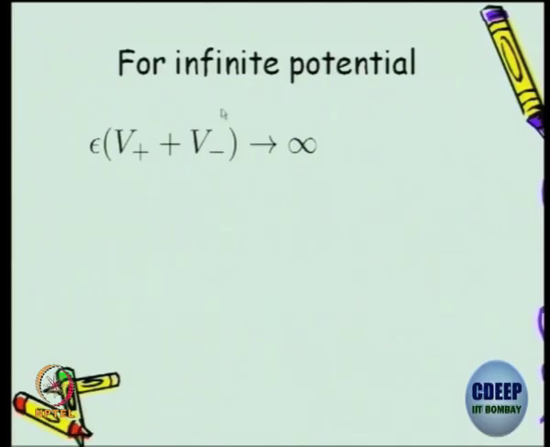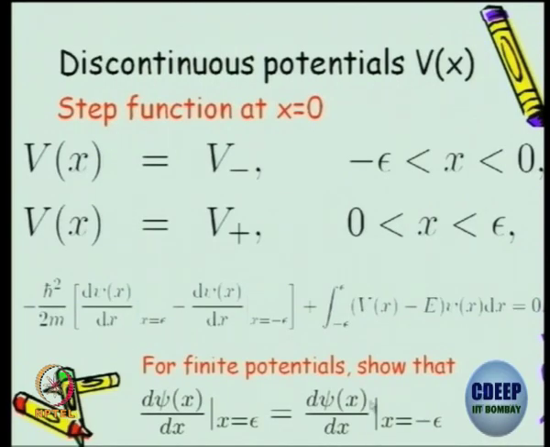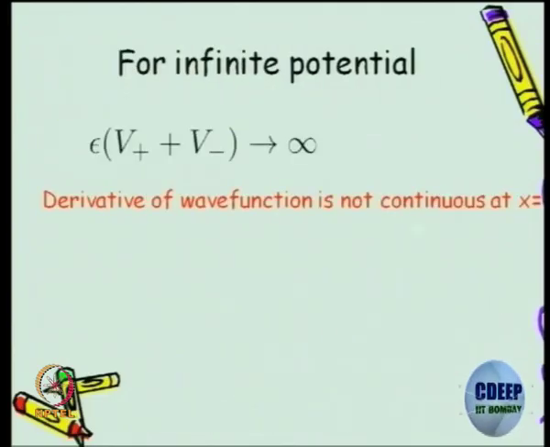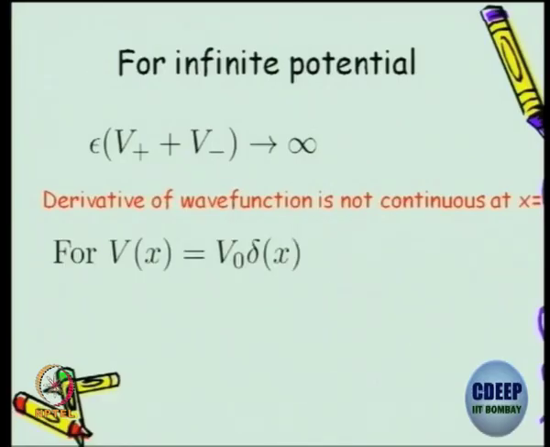When you have such problems with some potential in some regions where the potential becomes infinite, you can't assume the first derivative of the wave function to be continuous. So that's why the derivative of the wave function is not continuous for such potentials. Is that right? So what have we said?